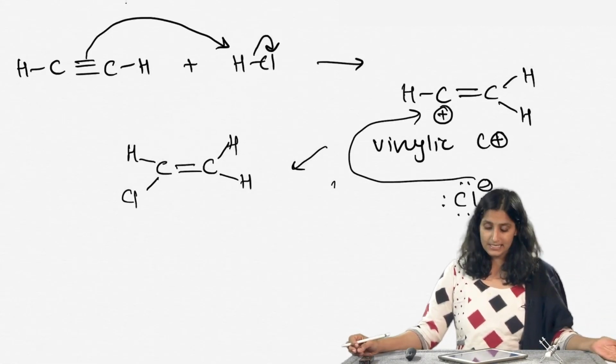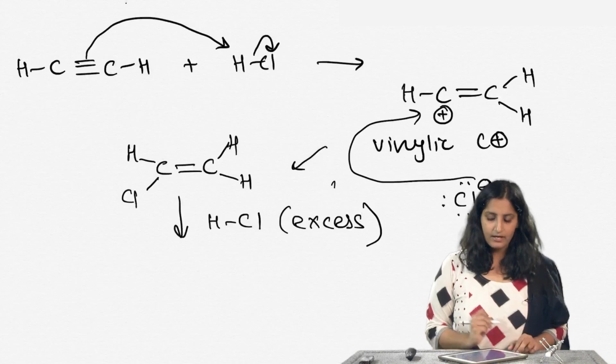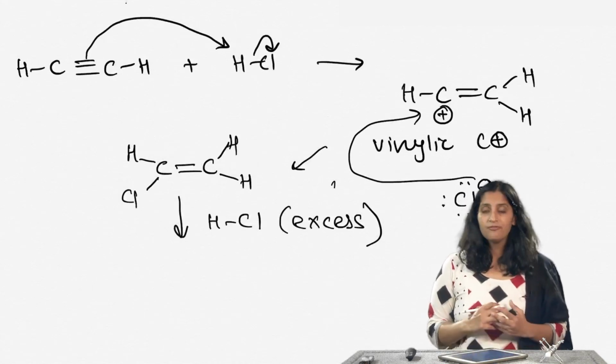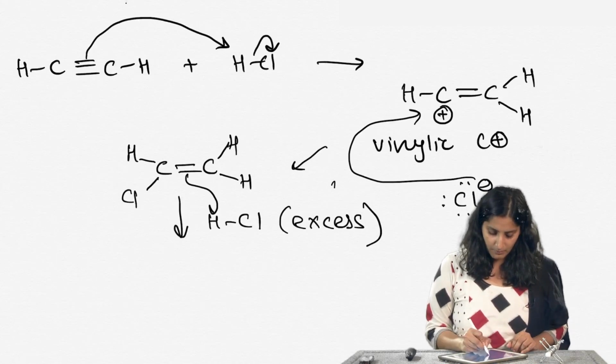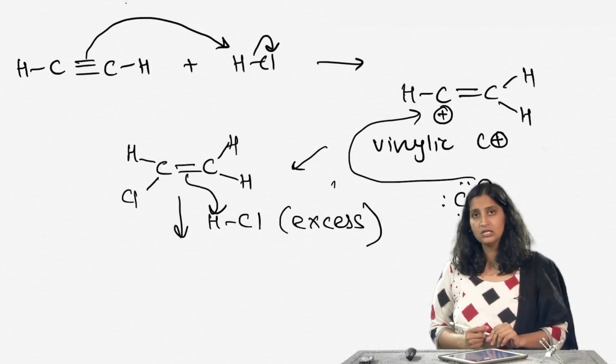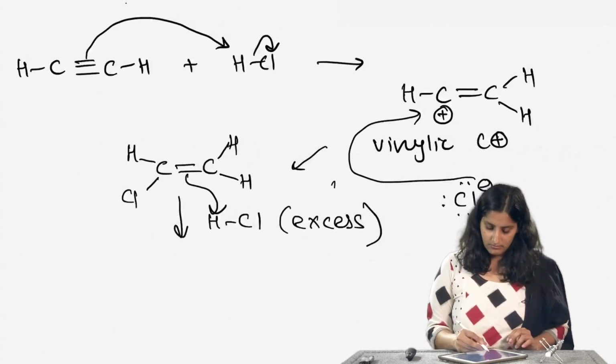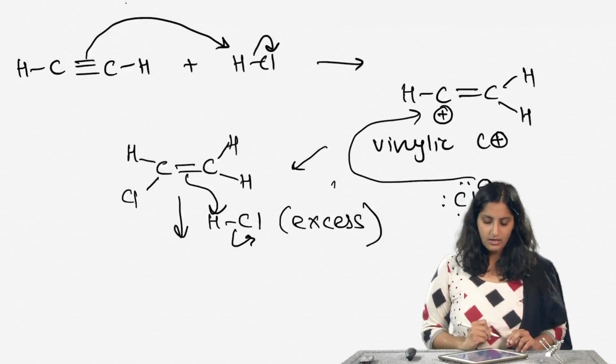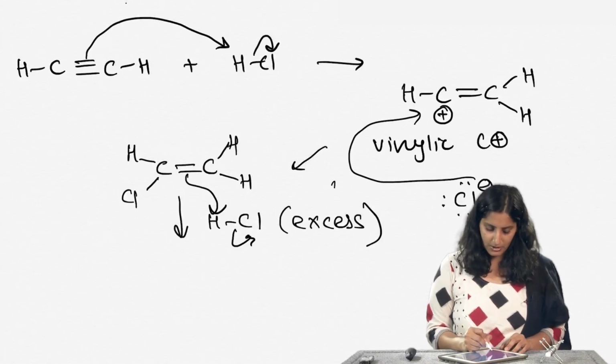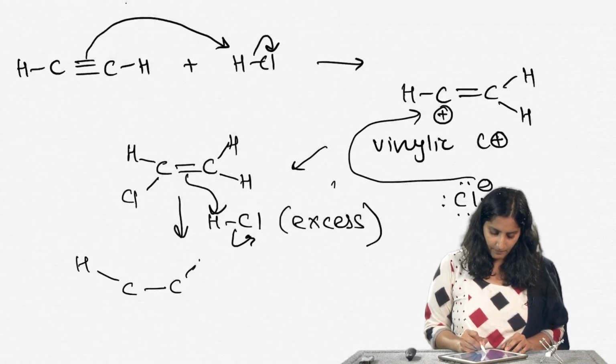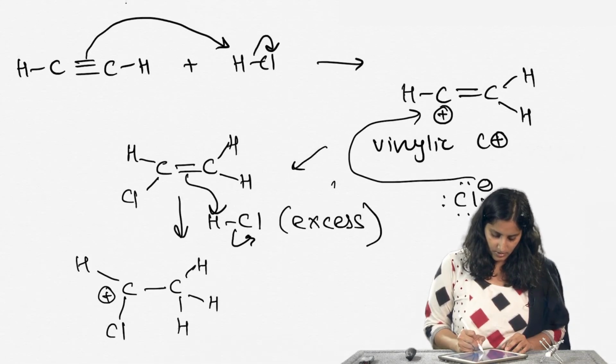But if we had excess HCl, and if that is the case, then the alkene further reacts with HCl such that the double bond attacks the hydrogen and again does the same kind of chemistry, wherein you have now formation of carbocation that looks like this.